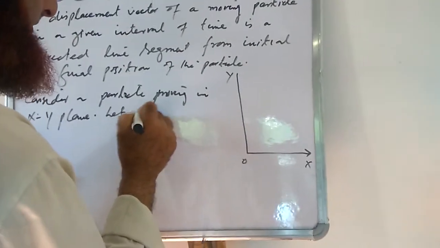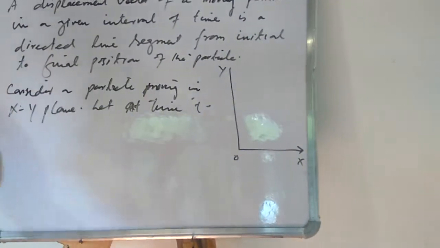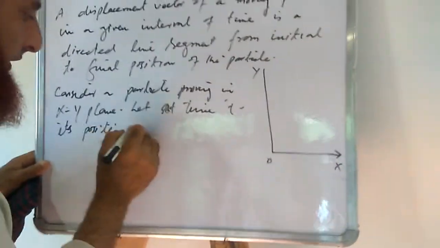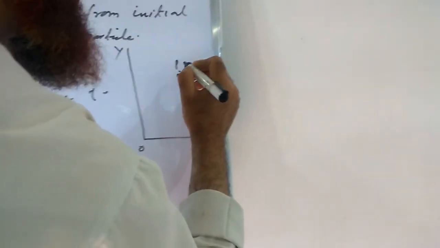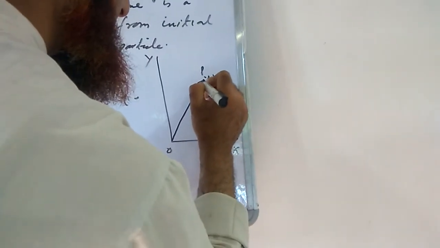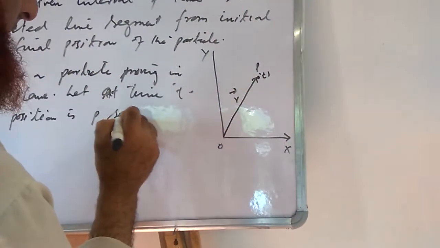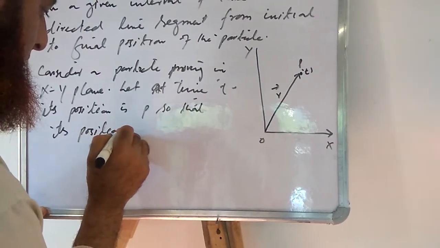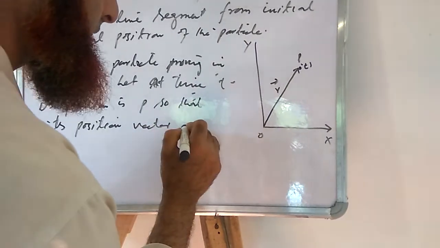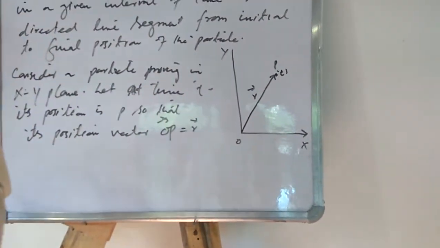Let at time t its position be P, so that its position vector OP is equal to R. So it is at time t.